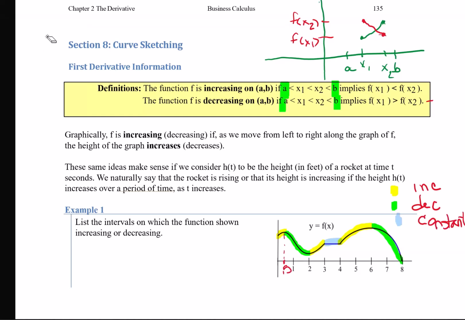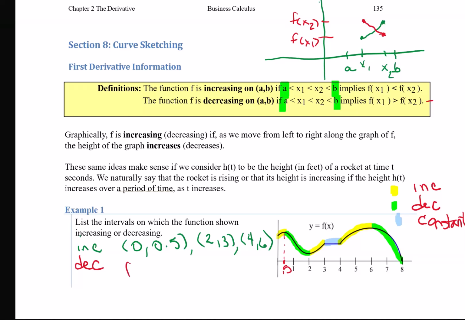So if I'm trying to find my intervals where it's increasing or decreasing, the intervals where it's increasing are everywhere that's yellow: 0 to 0.5, comma, 2 to 3, and 4 to 6. It's decreasing everywhere it's green.